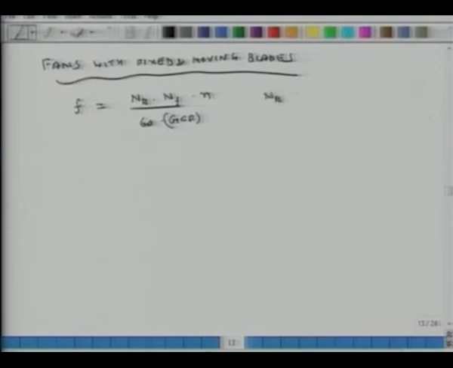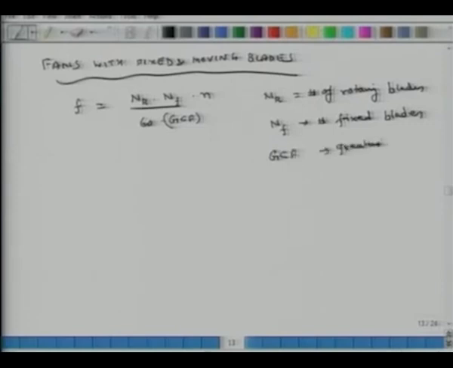NR is the number of rotating blades, NF is the number of fixed blades, and GCF is the greatest common factor of NR and NF.